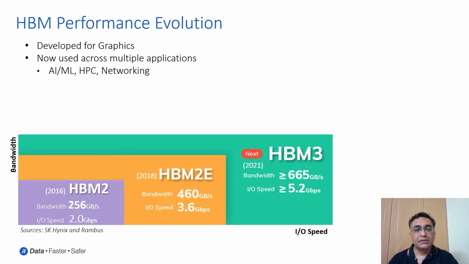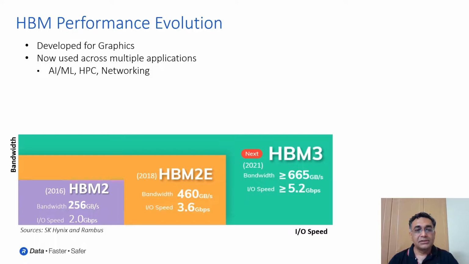HBM was originally developed for graphics, but now the HBM memory is finding its use in many other applications like AI, HPC and networking. HBM memory bandwidth has been increasing over the years. HBM initial version had 1 gigabit per second per pin. It was doubled in 2016 in HBM2, where the per pin rate increased to 2 gigabit per second, and the overall bandwidth provided by the DRAM was 256 gigabyte per second.